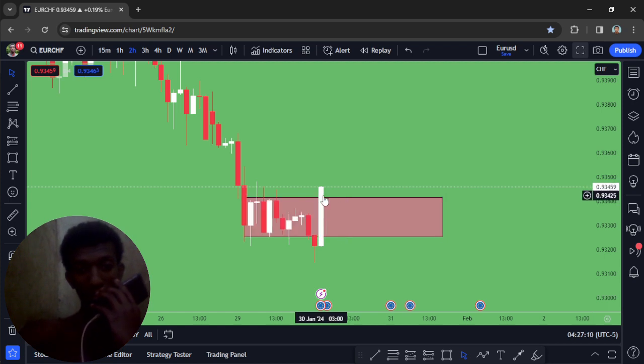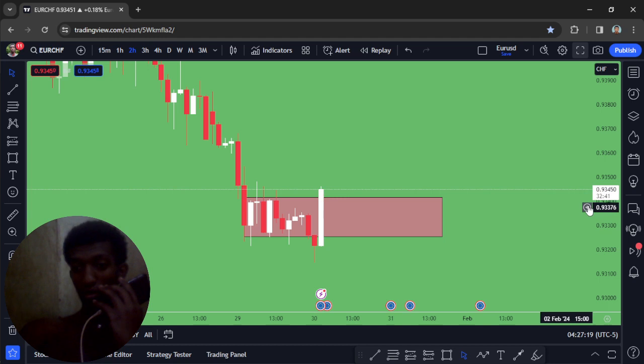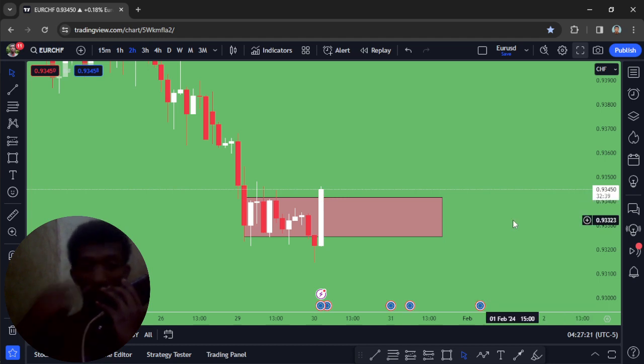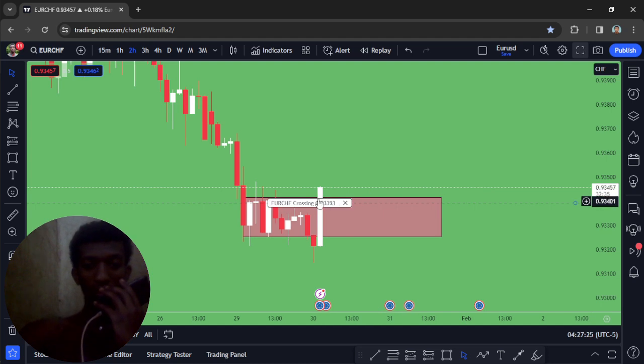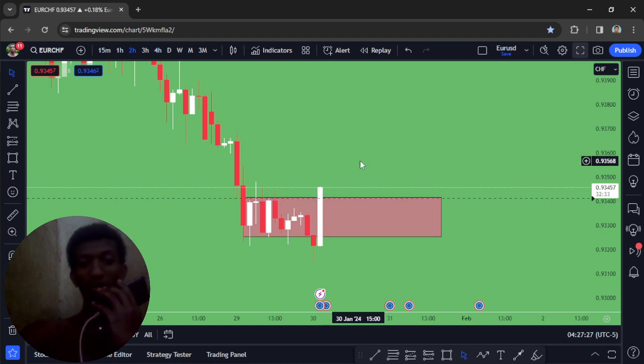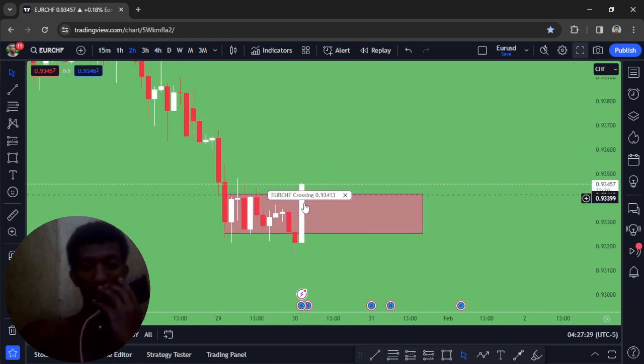I should have entered right there, not up there. There is a huge pip difference, so I want a wick. So all we gotta do is place an alarm right there, okay? The market will tell you once this dips down.